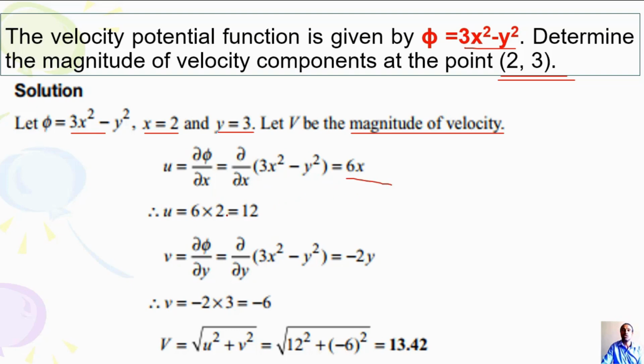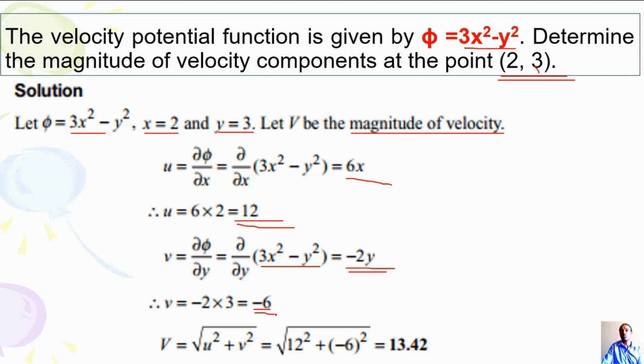Once you get 6x, you simply substitute the coordinate, which is x equal to 2, so u will be 12. Then for v, you have partial phi with respect to y. Then you have 3x squared minus y squared, and you get minus 2y. Then you substitute the value of y, which is this result. Then you have minus 6.